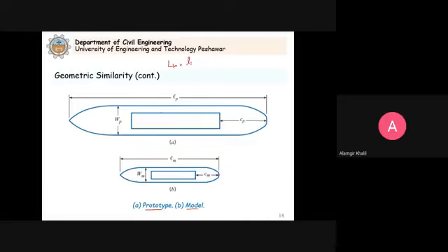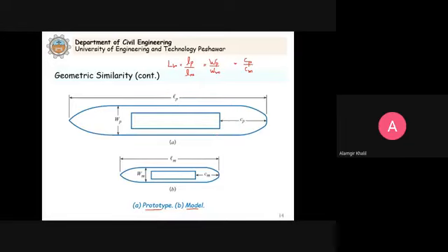So this will be equal to LP divided by LM, and this will also be equal to WP as per the given dimensions here divided by WM, and this will also be equal to CP divided by CM. So this ratio will be a constant.